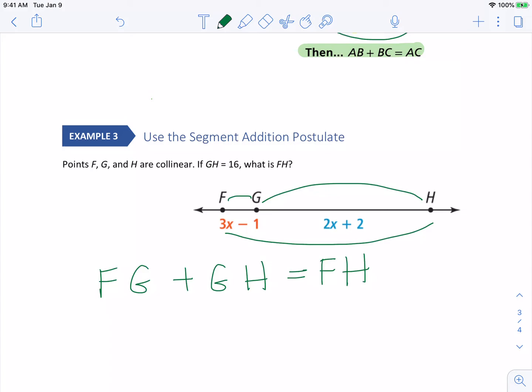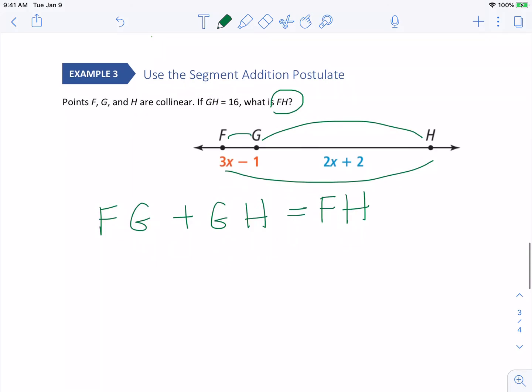So we want to figure out the length of FH, right? And there's a couple things that we can do. We can add them together, right?